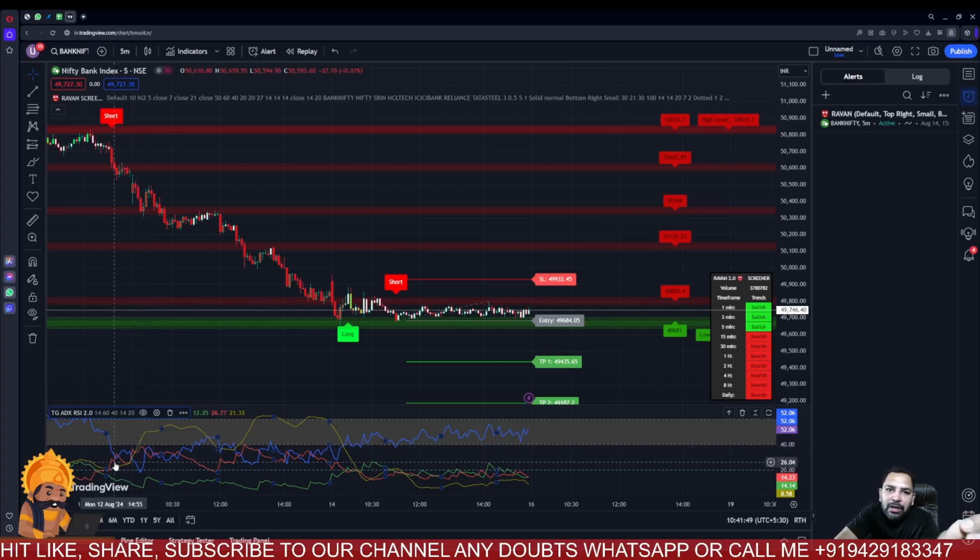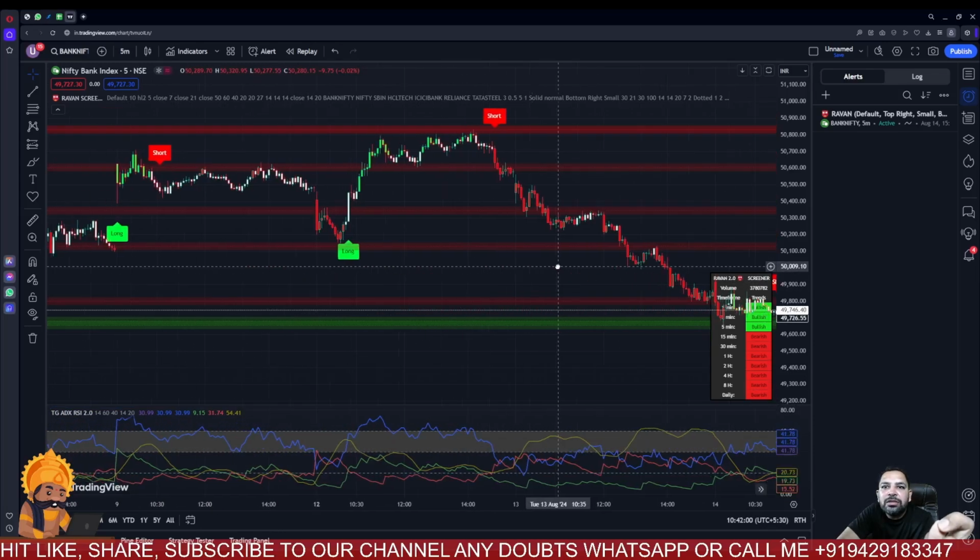Whenever the red line is above this 20 center line, there will be market bearishness. You can see it on the chart as well. And whenever you see the green line above the 20 level, the market will be bullish.